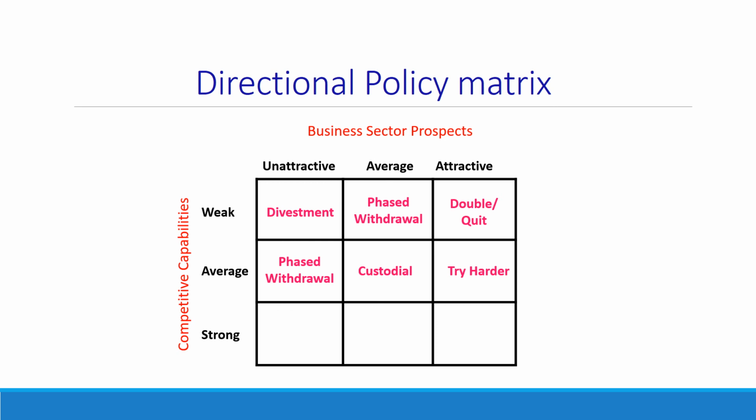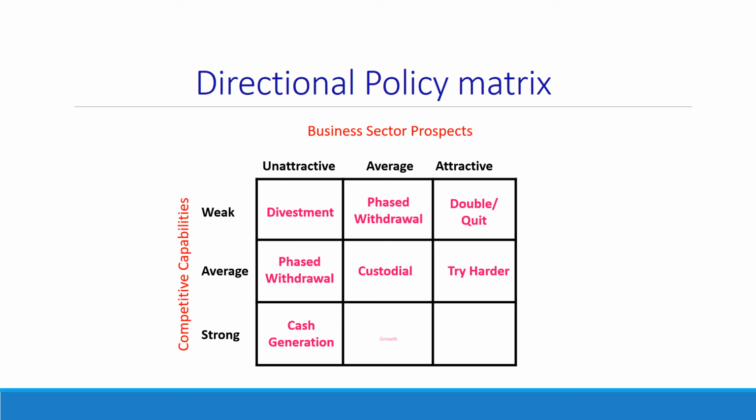Now comes the next one where the business sector prospects are unattractive but the company is very strong. It is a situation of cash generation. The business has strong capability but unfortunately the business prospects are unattractive. So this situation can be used for cash generation and no further investment is required because of the unattractive business prospects.